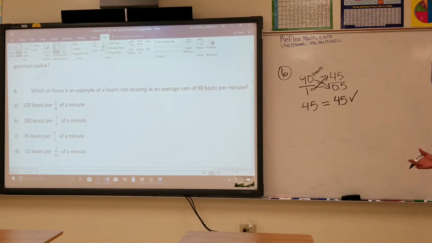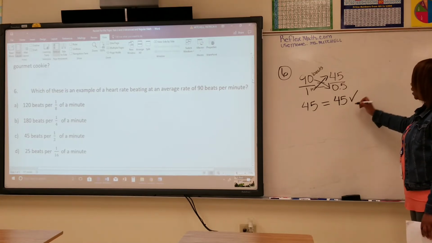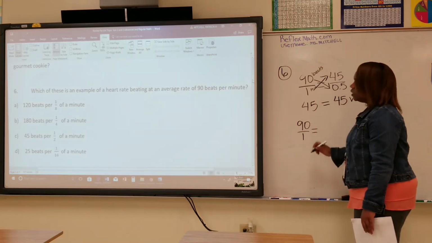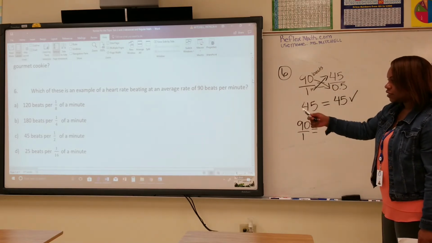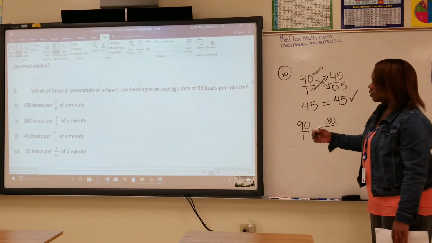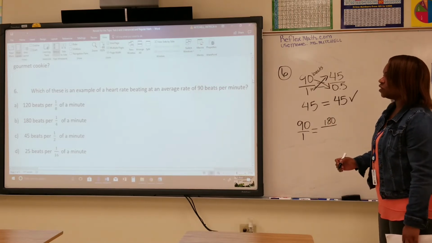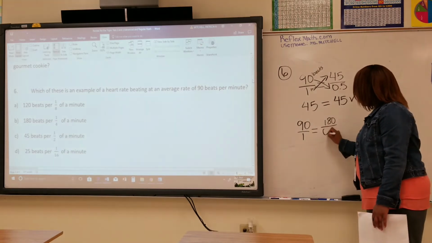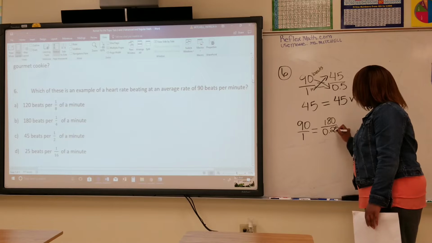But let's look to see what happens when we try B. So again, we set up the problem. 90 beats per 1 minute is equal to, and it says 180 beats per 1/4 of a minute. 1/4 as a decimal would be 0.25.